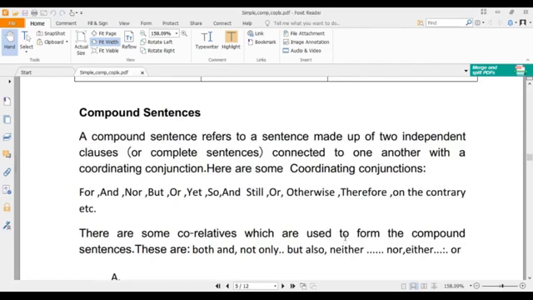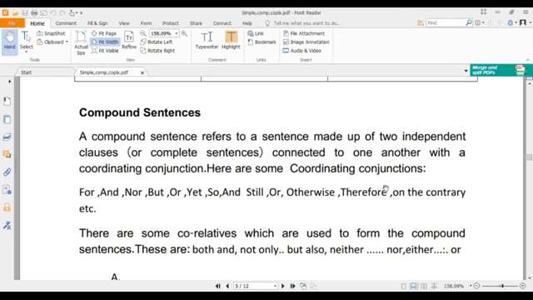Now we have to know about compound sentences. A compound sentence refers to a sentence made up of independent clauses. Earlier we have discussed the structure and formation of compound sentences. A compound sentence refers to a sentence made up of two independent clauses, complete sentences, connected to one another with a coordinating conjunction.